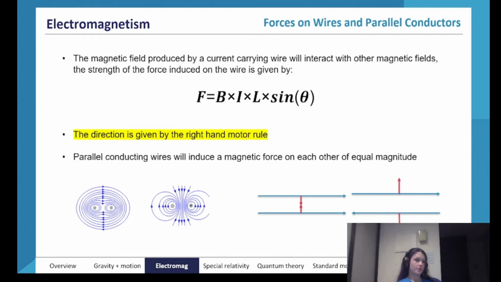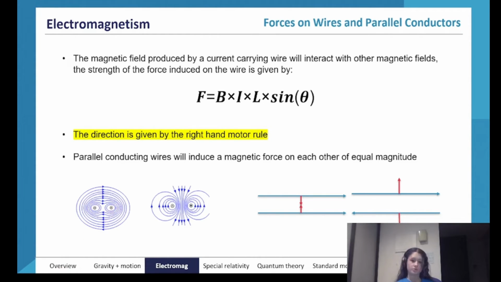However, when a wire is placed within proximity of another wire and they both carry current, their magnetic fields are going to interact with one another, right? Because they both can generate magnetic fields, but they're going to interact. So if you have a look at this example here, we have these 2 wires.